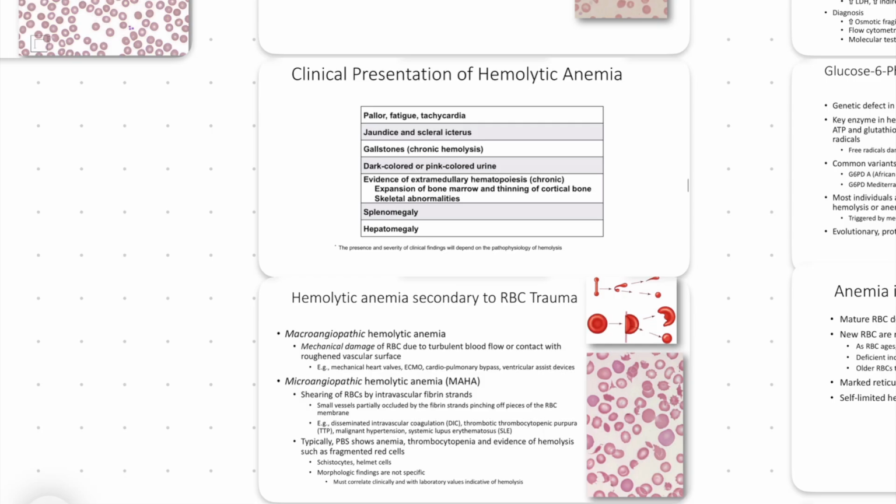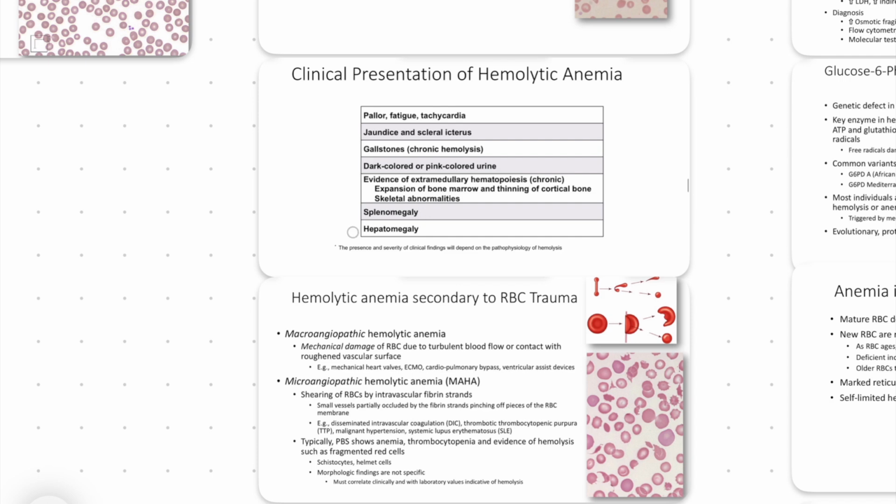In addition to some of the other findings with anemia, in hemolytic anemia in particular, we have the splenomegaly, the enlarged spleen that can be palpable, and that's because there's so many fractured red blood cells that the spleen is trying to clean up the bloodstream and remove all of those little broken red blood cells and red blood cell fragments.